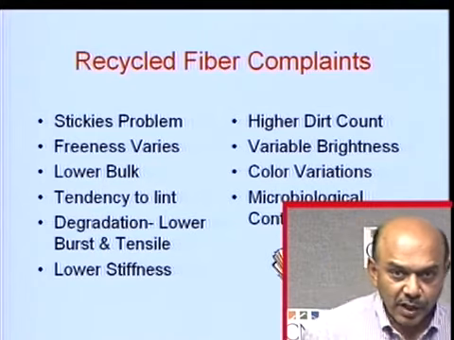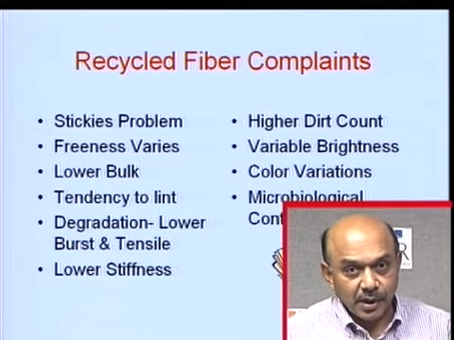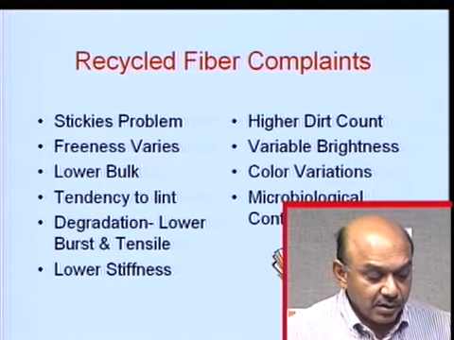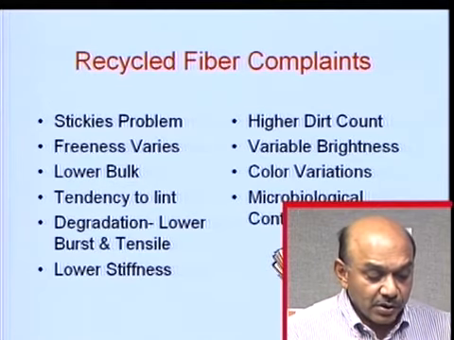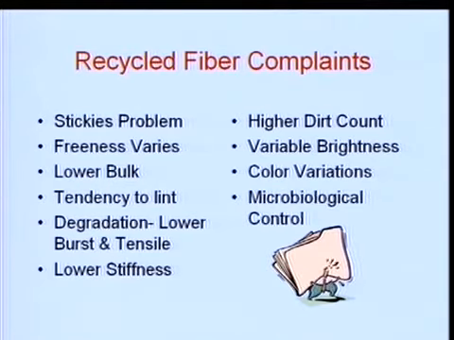Recycled fibers have a bigger tendency to lint. It degrades, lowering burst and tensile, lowering stiffness, and raising dirt count. Obviously, that's the biggest complaint from paper machines. Dirt can be dirt itself or what we call ink also. Variable brightness affects the quality directly. Then there are color variations and microbiological controls.